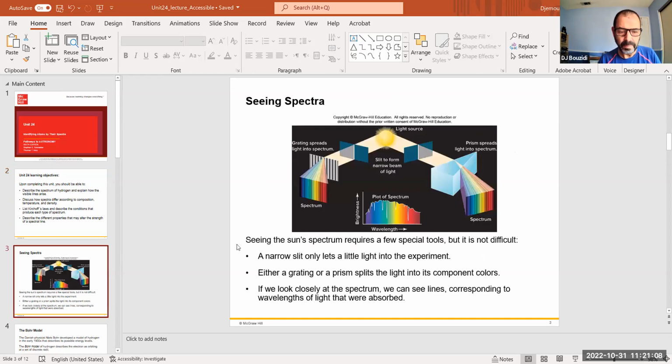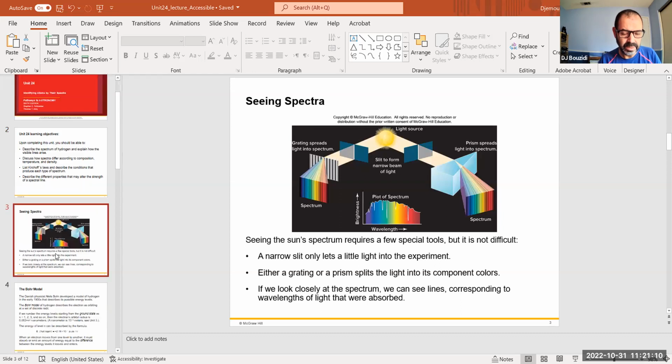Okay. So again, white light is a combination of different frequencies. So if the source, for example, is emitting light and it comes to us after it goes through a medium somewhere, you run it through a slit, to make sure that you have as small a source as possible for that entire beam.